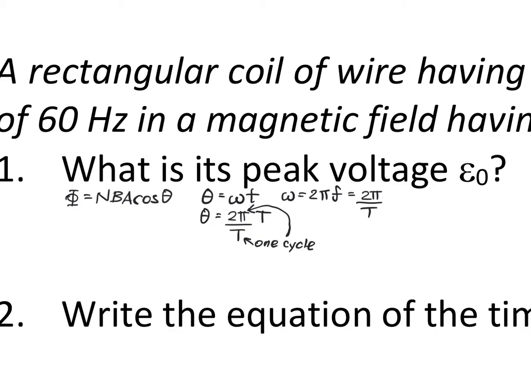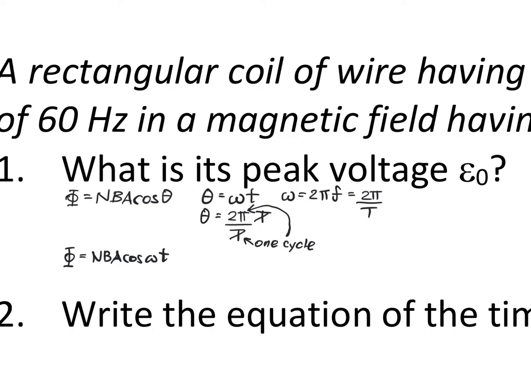so yeah, one cycle is 2 pi, and the time for one cycle is period. The period cancels, and really you're just kind of saying theta equals theta, or theta is 360 degrees or 2 pi when we're talking about one cycle. So yeah, theta is omega t. Now the reason why that matters is because I can rewrite this flux expression as NBA cosine omega t.